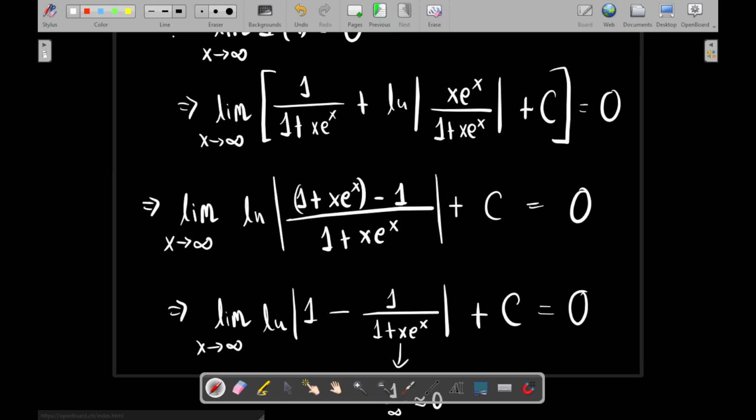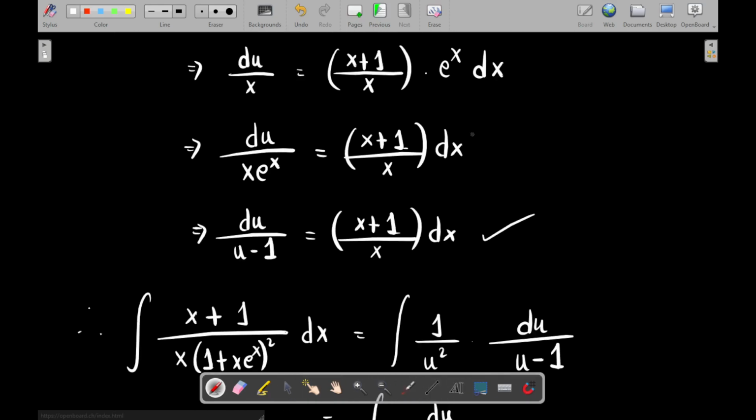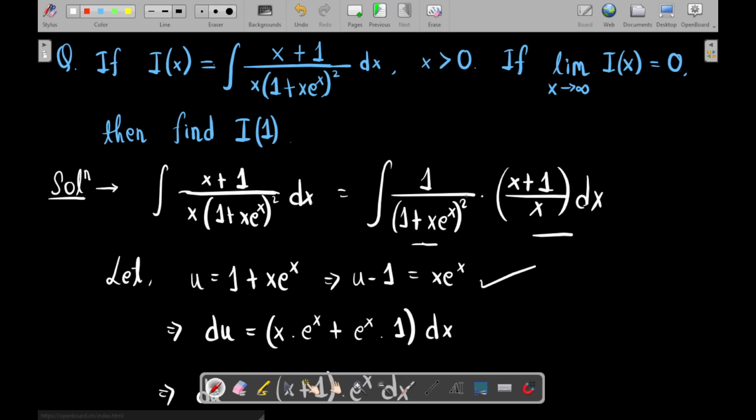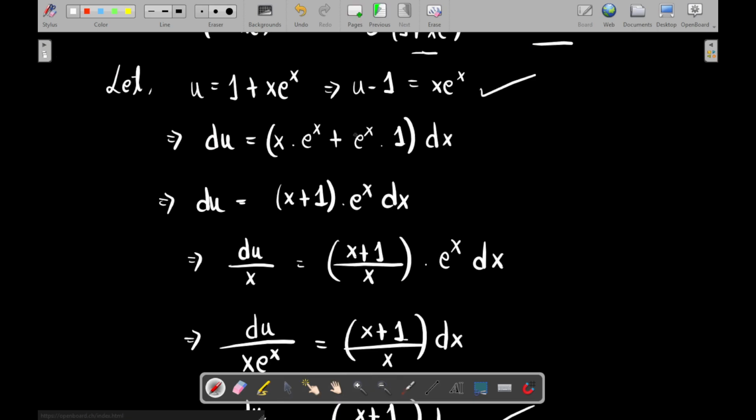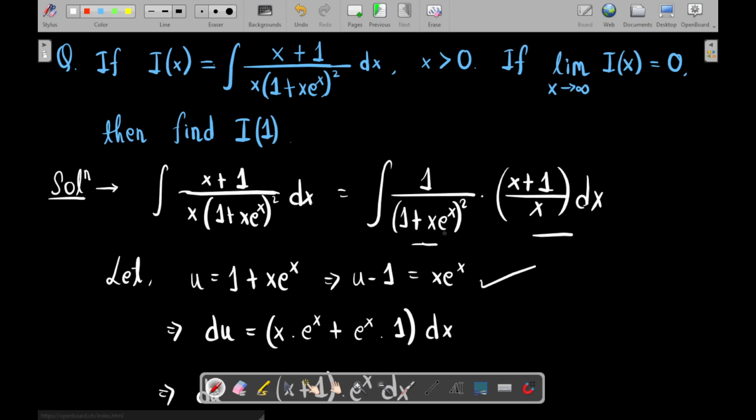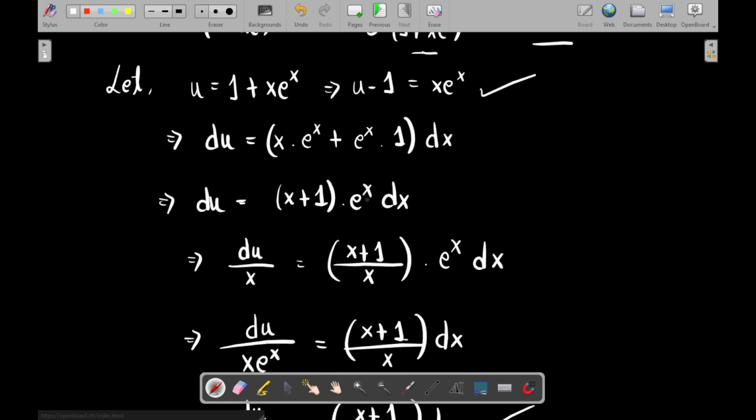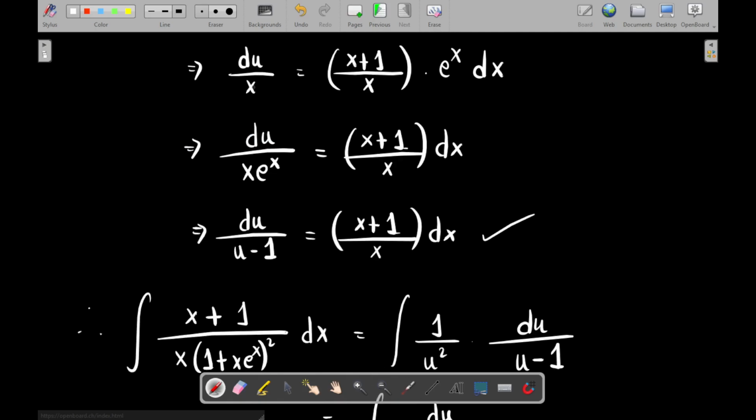In this question, essentially the key step is using this separation of variables. While doing the u substitution here, I separated this x e^x term, because chances are, if you differentiate this, you will get something like this. I basically brought in x on the left-hand side, on the side of u.